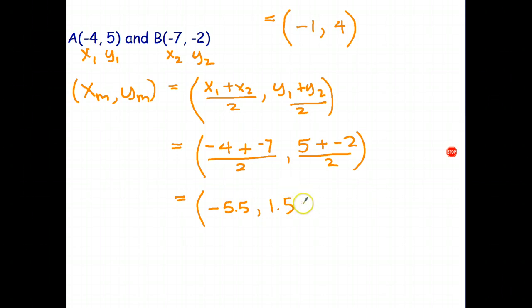Sometimes it's easier to plot points with decimals. And that's our answer. So the coordinates of the midpoint, x sub m, y sub m, are -5.5, comma 1.5. And that's how you use the midpoint formula.